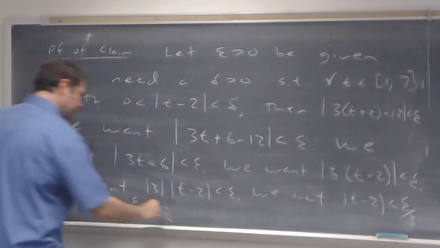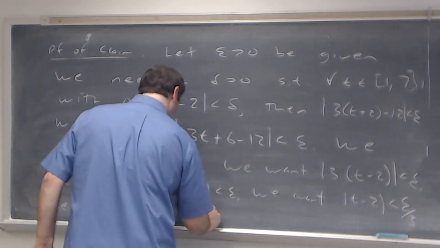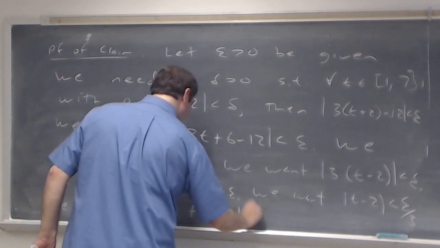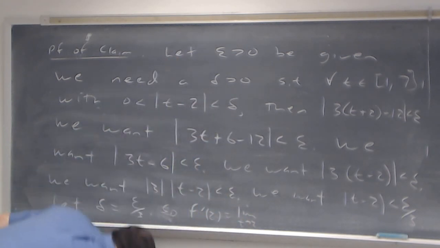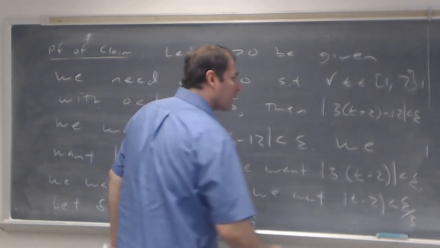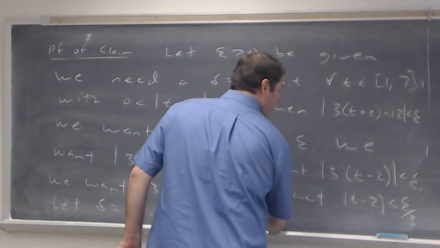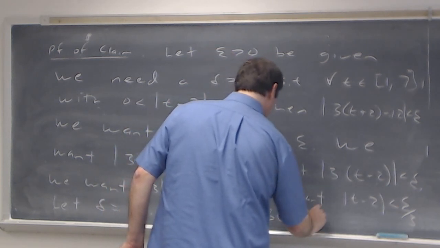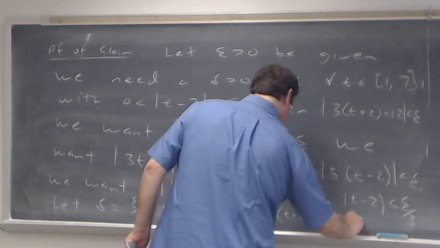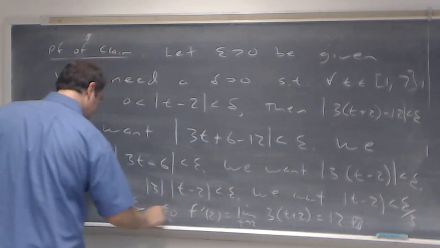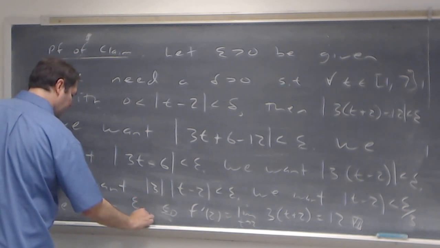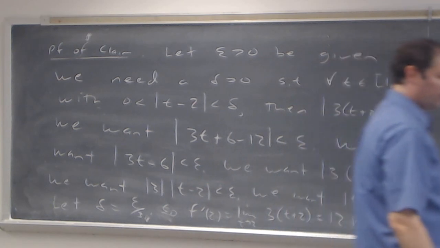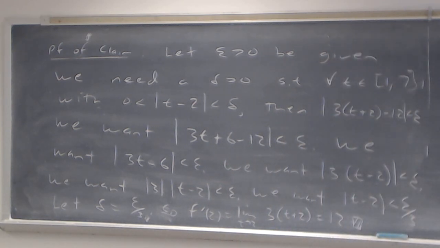It's a concluding statement. So f prime of 2, which equals the limit as t goes to 2 of 3 times t plus 2, will equal 12. This right here ends the proof of the claim, okay? I'll put a little box there. This ends the proof that f prime of 2 in this case is equal to 12.